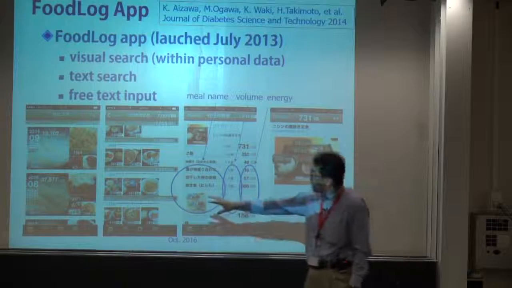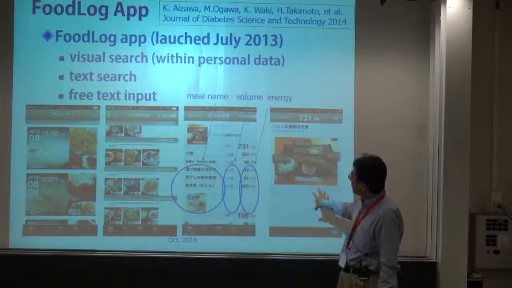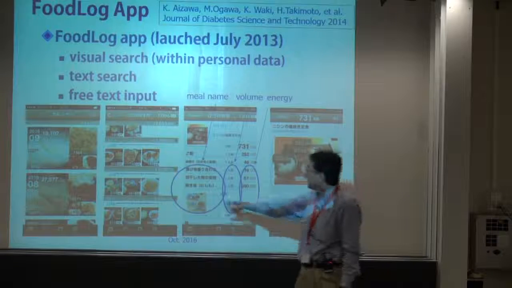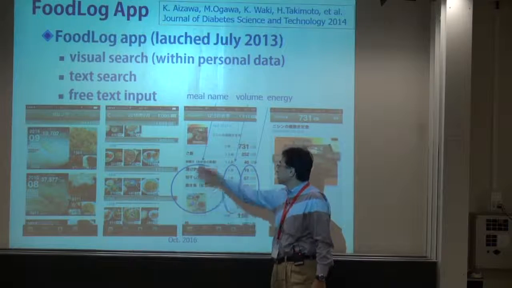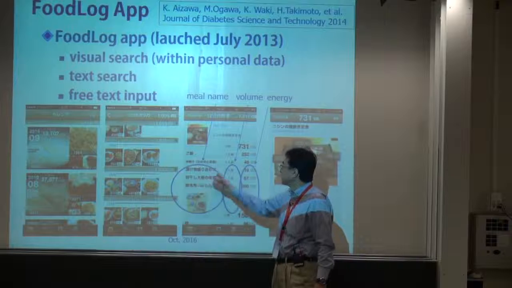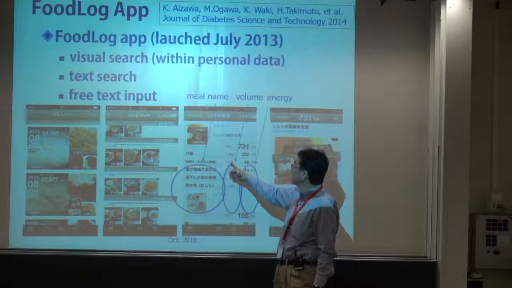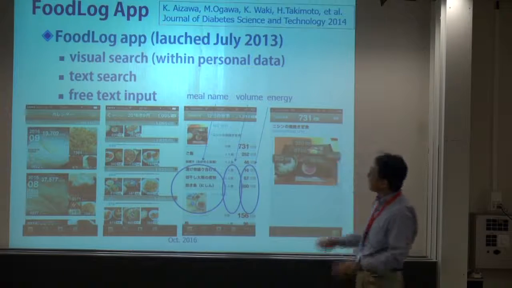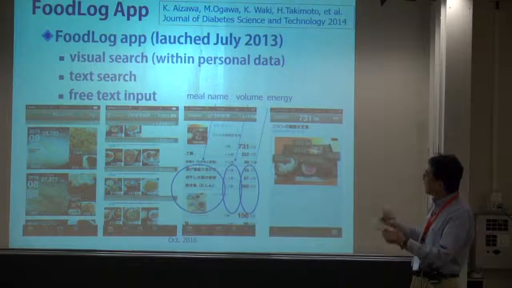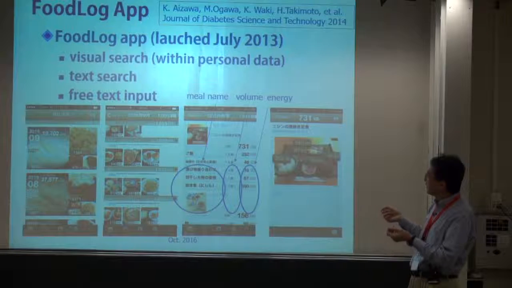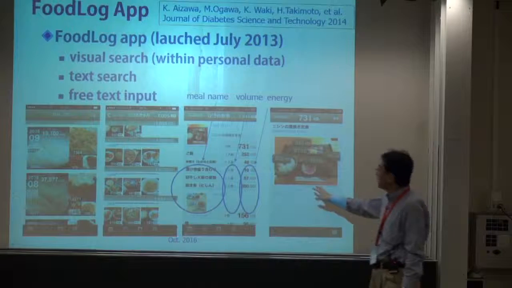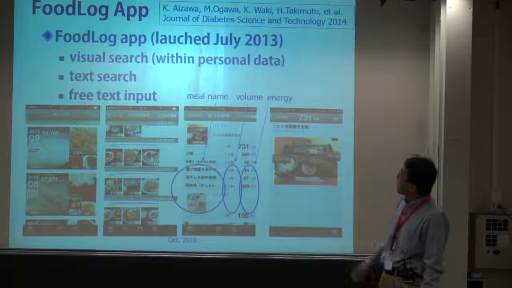And then these are the screenshots. And, sorry, this is Japanese. You cannot read, but this is the name of the food, and amount, volume, and the calories. And they are finally recorded for each picture.